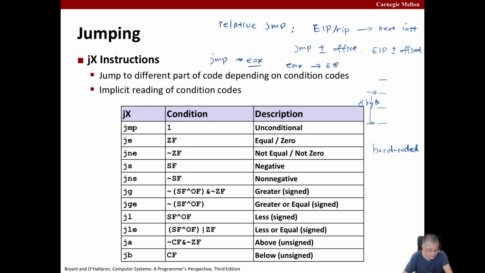This can also be the call instruction. You can use this kind of instruction to implement a function pointer. Say you have a function pointer, you assign to it, say, a compare function. Then you can call this function using the function pointer.